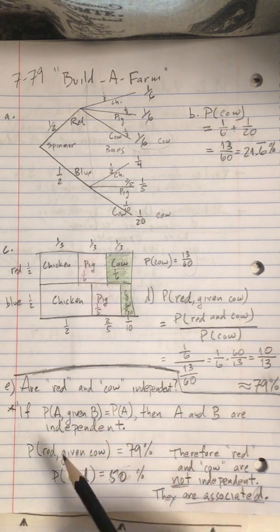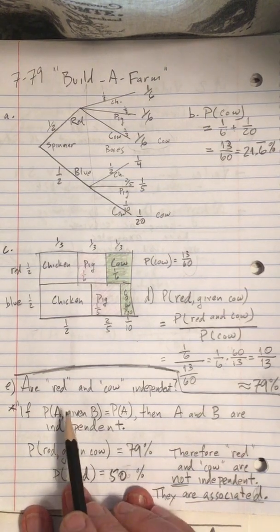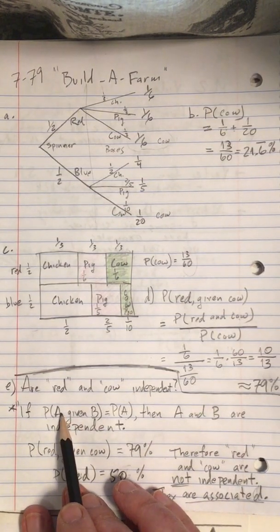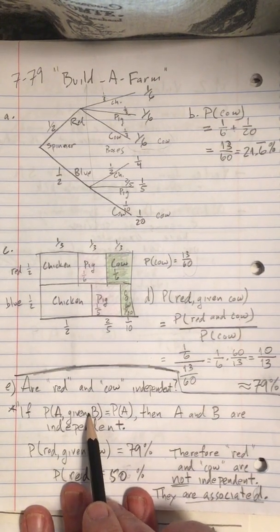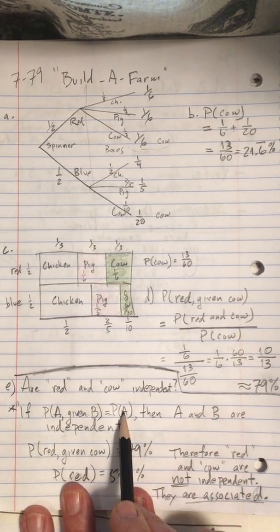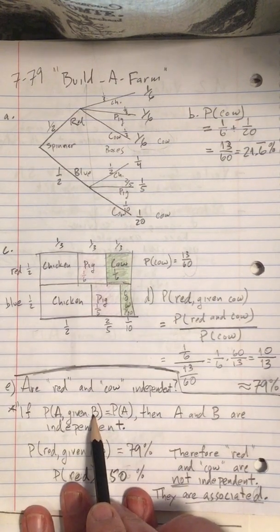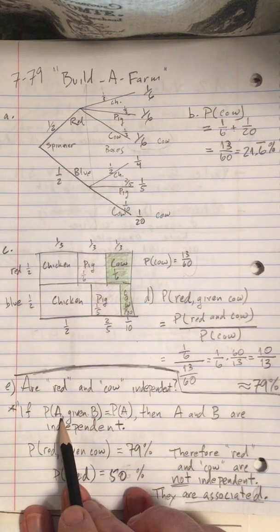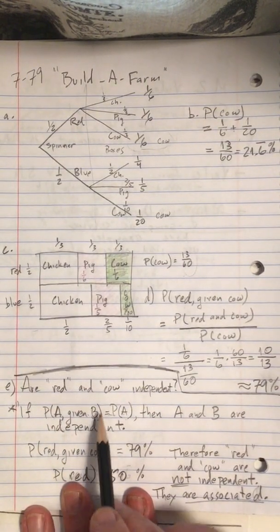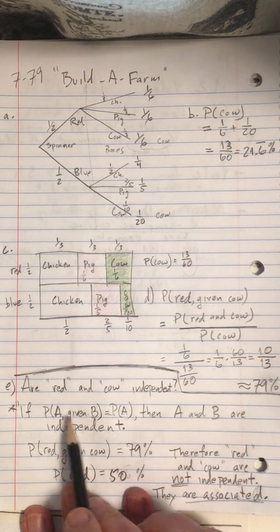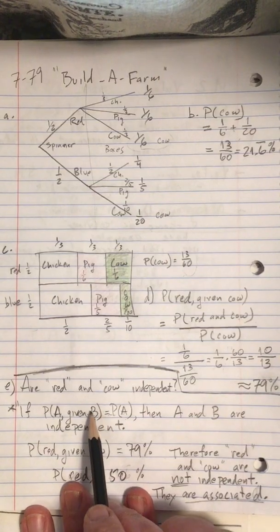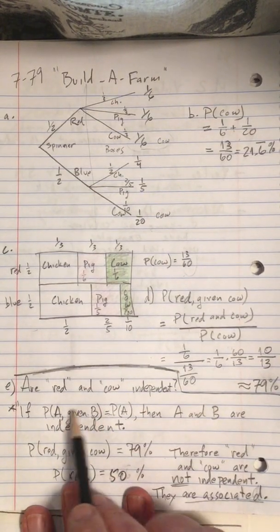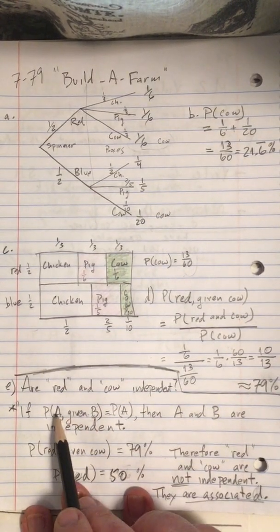In a sense, what this is saying is very basic. If the probability of A given this condition B is the same as just the probability of A, then the condition B did not change the probability of A. Does that make sense? It's saying that the condition we set up, A given B, didn't really matter. B is whatever it is, A is whatever it is. This thing does not influence this.